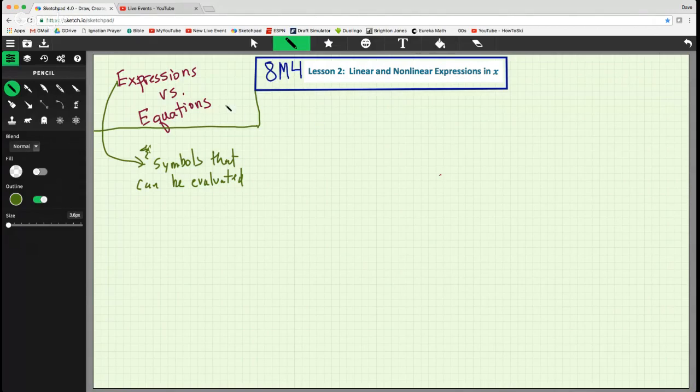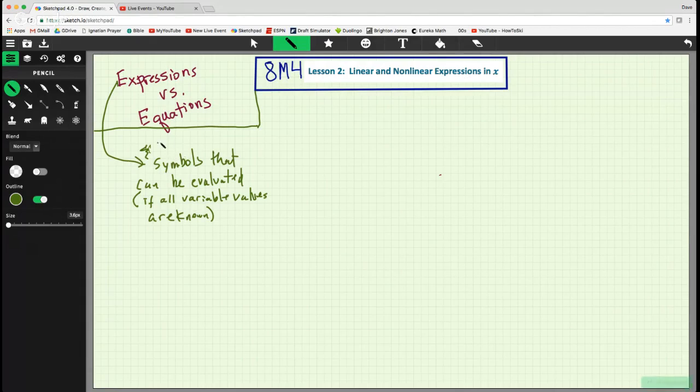An equation, we'll talk about equations in a second. So let's look at some examples of symbols that can be evaluated if all variable values are known.